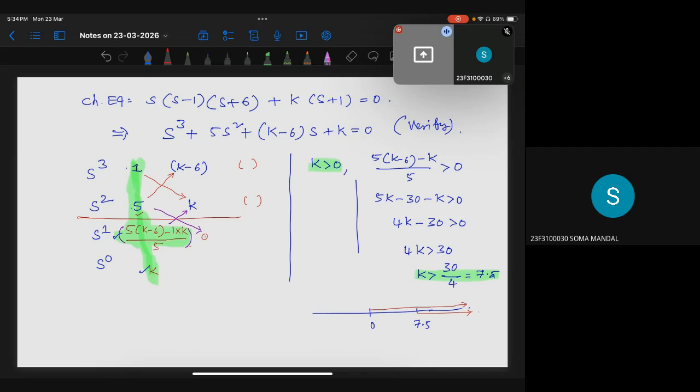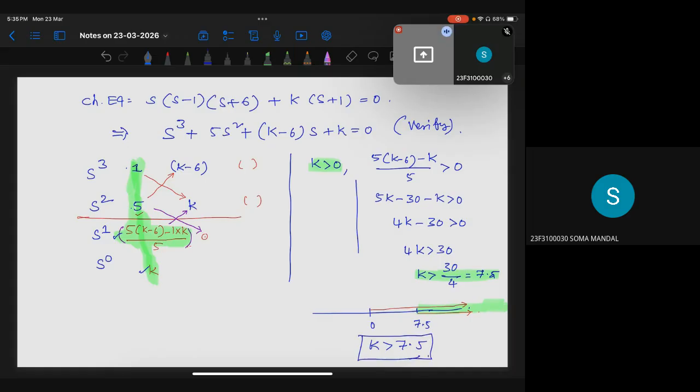This is 0 and this is 7.5. What is the intersection? After 7.5. So combining both, your k is greater than 7.5.